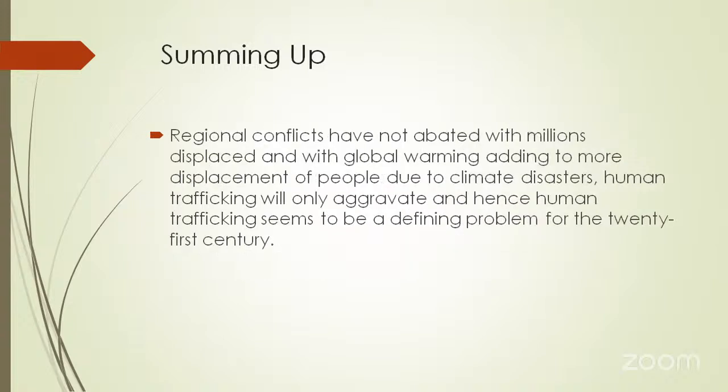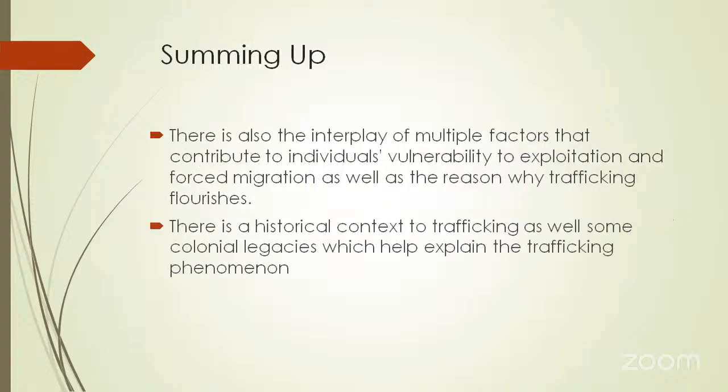Regional conflicts have not abated, millions are displaced, global warming has added to more displacement, climate disasters, and human trafficking will aggravate. There's an interplay of multiple factors contributing to individuals' vulnerability.